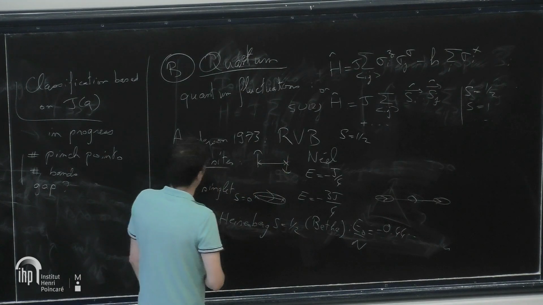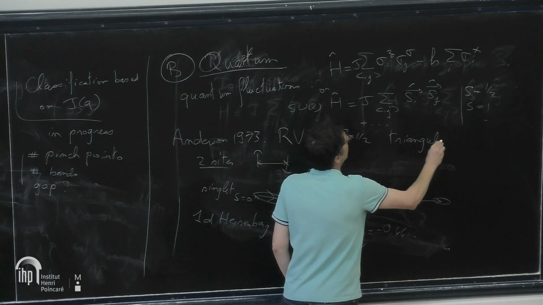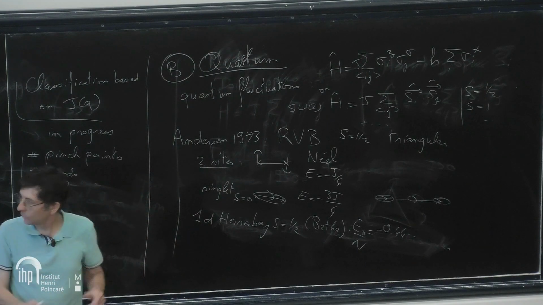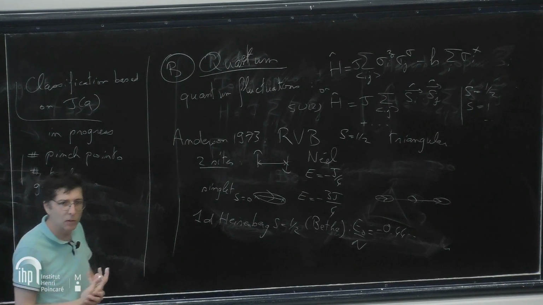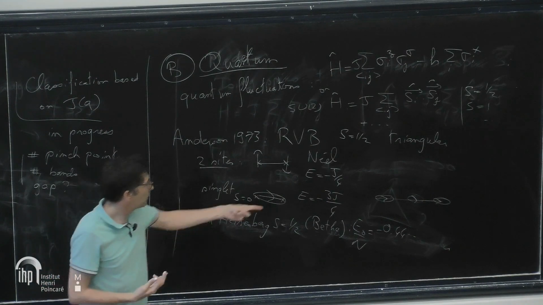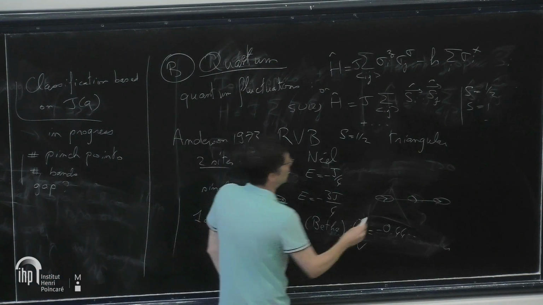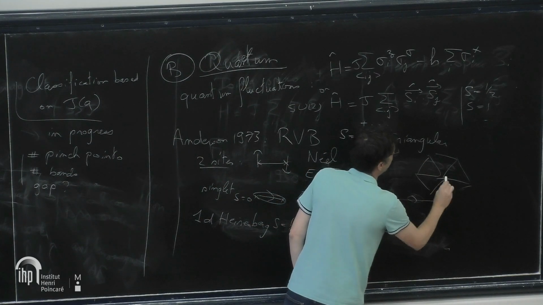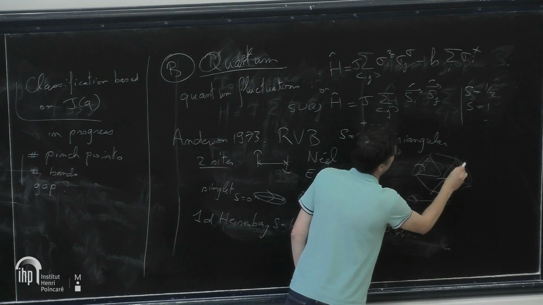And so Anderson said, okay, maybe for the other lattice, let's go to 2D. We don't have an exact solution. We have a semi-classical order, so we can take this order and promote it to the quantum world, do spin wave, this kind of thing. But maybe it's a competitive state. And so for the triangular lattice, you say RVB would be, it's more difficult to draw now, because it's a superposition of this kind of singlets.